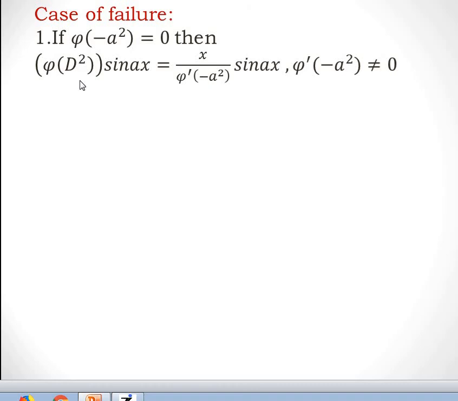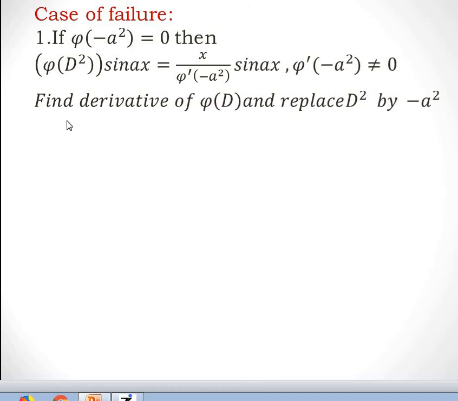First we have to calculate φ dash of D, and then replace D² by −a². If that term is a non-zero term, then our PI is x upon φ dash of −a² sin of ax. Okay, the same for the cos of x. So find the derivative of φ of D and replace D² by −a² here. The same we can do as in the first case.